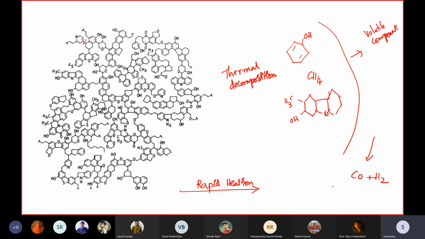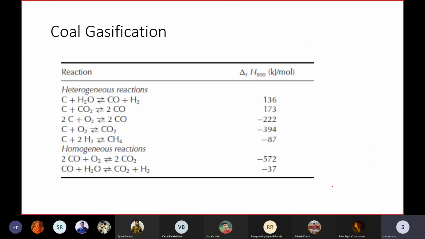When you rapidly heat it, the covalent bonds between these chains will be broken down into small molecules. If you heat it further, they will become volatile components, and that will be converted to the syngas. So these are the typical reactions that take place in coal gasification.